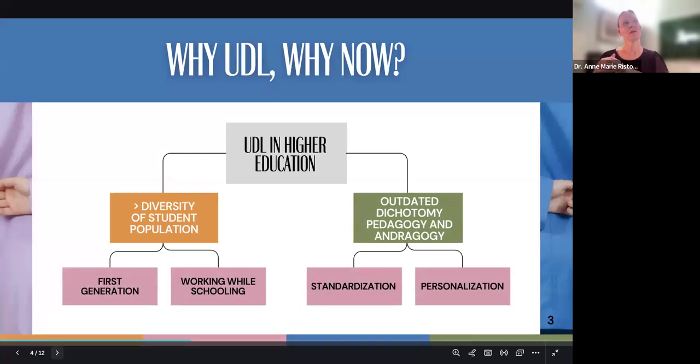So when we thought about why UDL and why now, what was happening in higher education, and what we shared in the article itself, which I gave you an e-copy of, is there was a huge increase in the diversity of the student population, anything from different races and ethnicities to genders, and an increase in students with disabilities identifying themselves in higher ed or being present in higher ed.